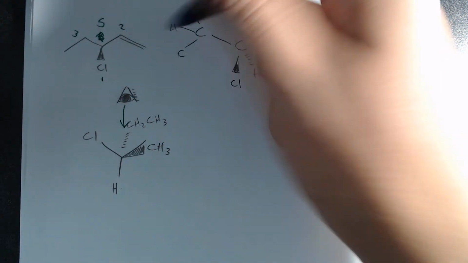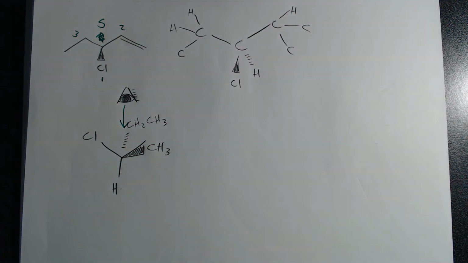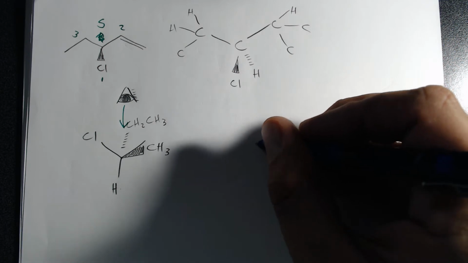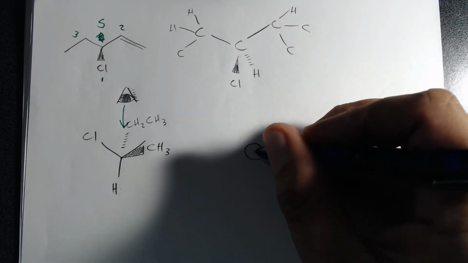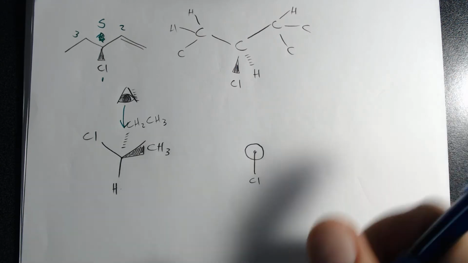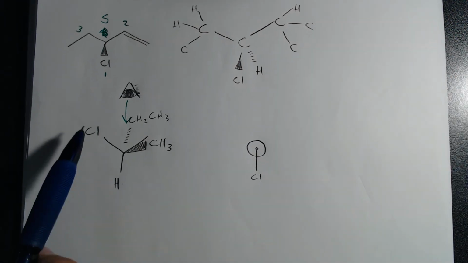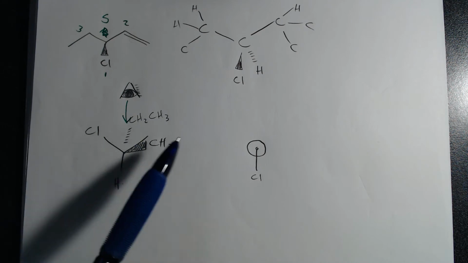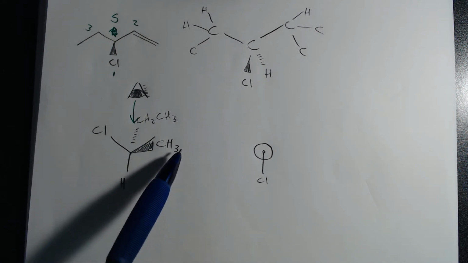Little eyelashes on it, so you can tell it's an eye. All right, not a tent. So it's looking at it this way. So if we draw the Newman of it, it then becomes very apparent what the stereochemistry is. Okay, so the way I'm looking at it from this perspective, I went ahead and just determined that chlorine was down.